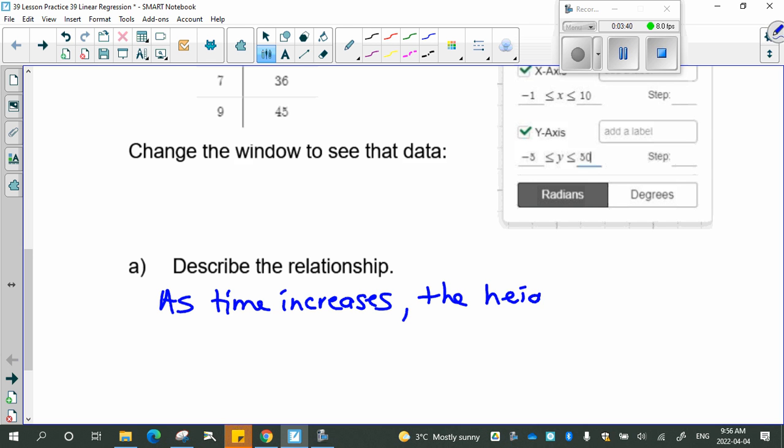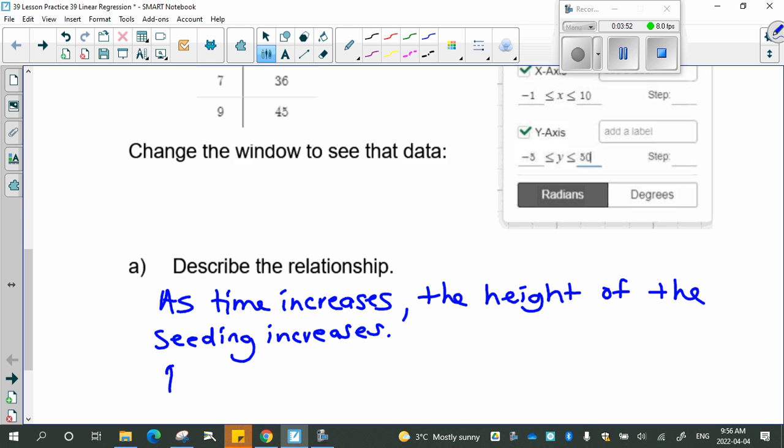There's our description. And we talked about it being a positive correlation.